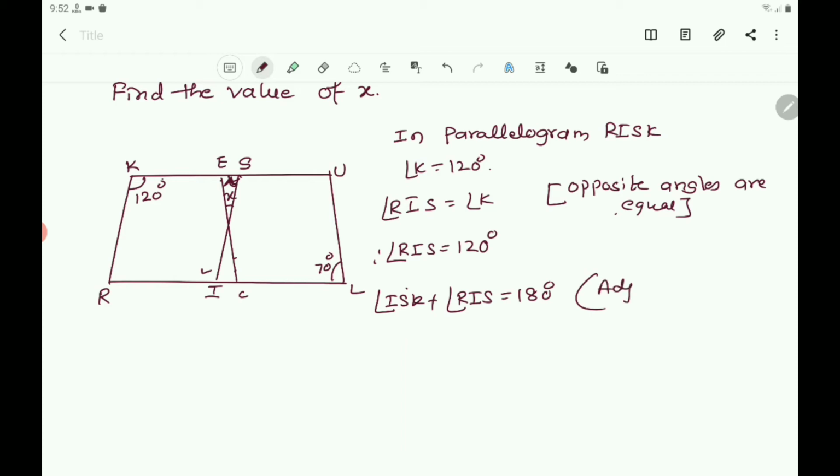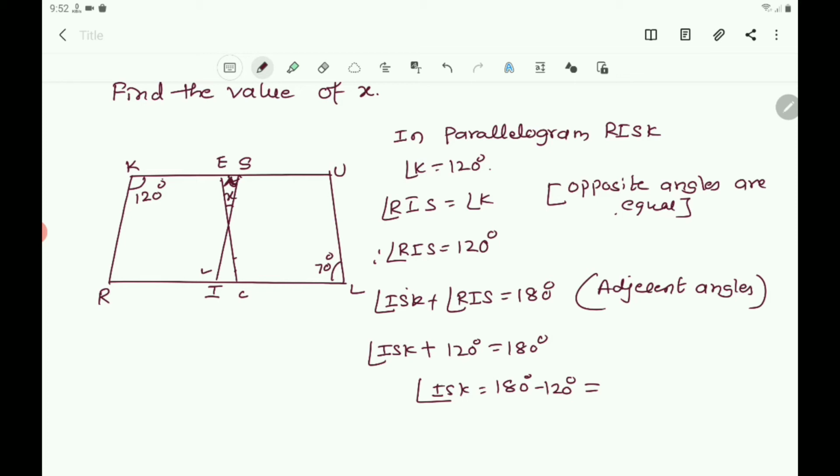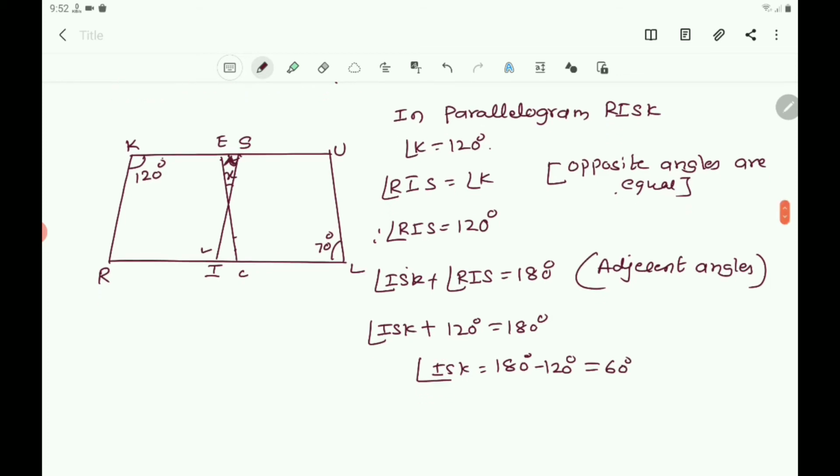So you write the reason: adjacent angles. Angle ISK plus RIS, that is 120 degree, is equal to 180 degree. Therefore angle ISK is equal to 180 degree minus 120 degree, that is equal to 60 degree. You got angle ISK.